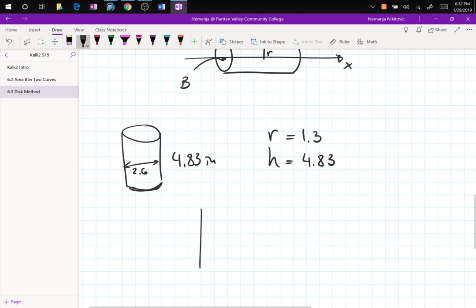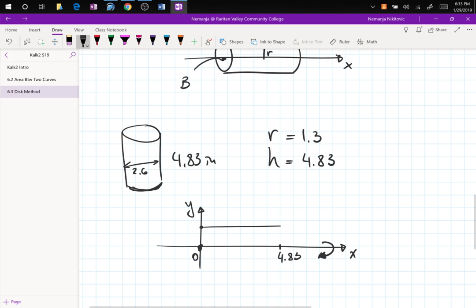So now, when I place this, all I need is a single line. If I draw a line over here, that line needs to stretch from 0 to 4.83 inches on the x-axis. We are going to rotate on the x-axis.